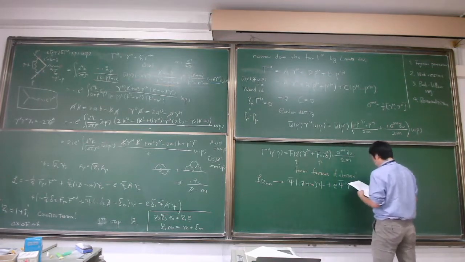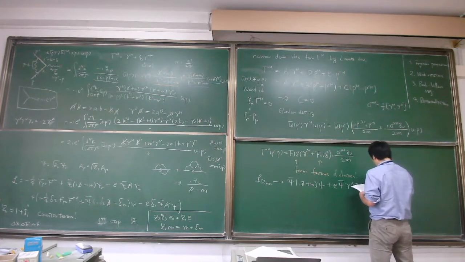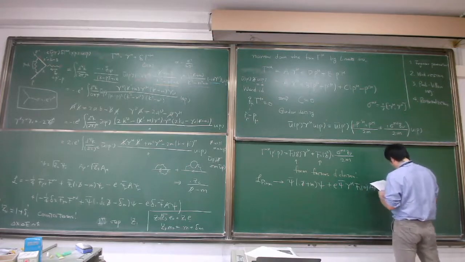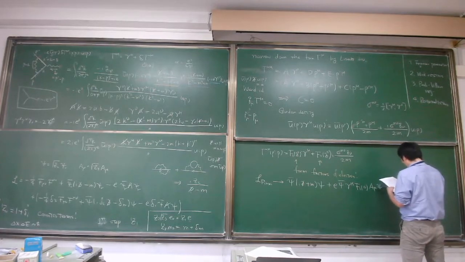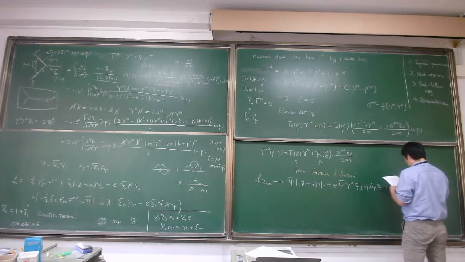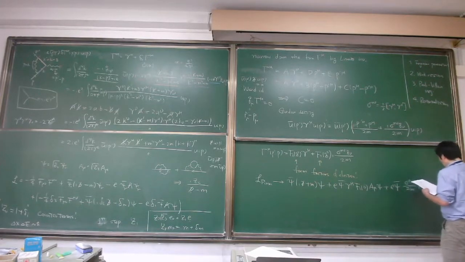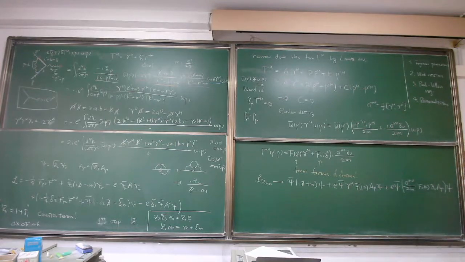If you go to low energy, you can set q squared equal to 0. So you can just write it like this if you modify.